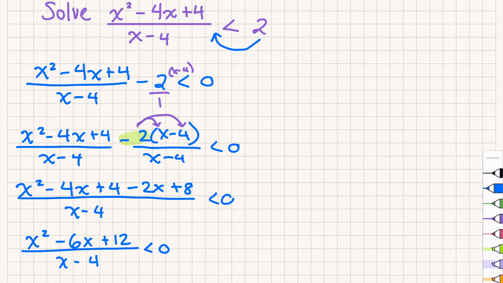So we want to solve for x. In this case here, as you can see, we have a trinomial in the numerator. Let's factor this trinomial. So on the side, we're going to factor it.